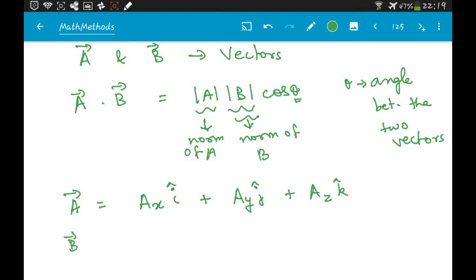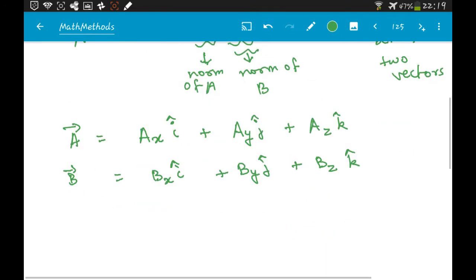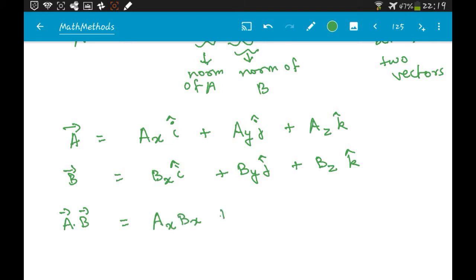Similarly, you have vector B, which is Bx i plus By j plus Bz k. Then how will you find A dot B? A dot B is nothing but the corresponding products: Ax into Bx plus Ay into By plus Az into Bz.